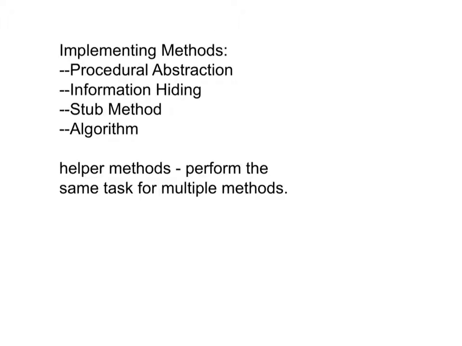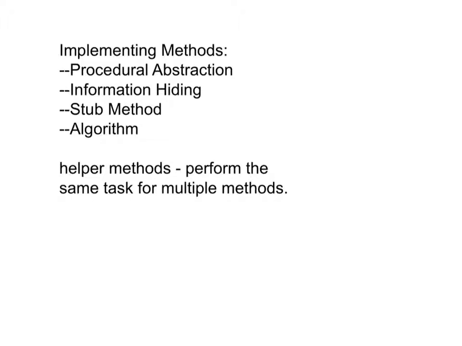Next part we're looking at is how the implementation of methods flows. And there's a few things we want to briefly look at. Helper methods, I'm actually starting at the bottom here, is performing the same task for multiple methods. So this would be like in a game where you check to see if you won. If you have multiple scenarios where you could win, you would have one method checking in each of those other methods how you won or if you won.